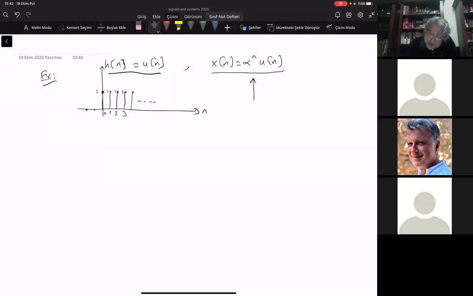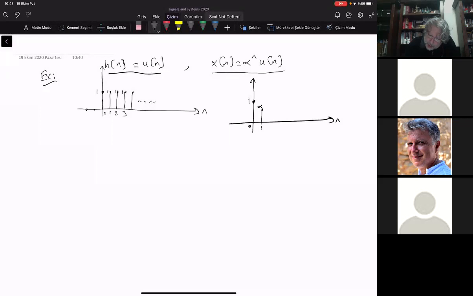For instance, it essentially looks like this for a stable kind of behavior over n. It starts from 1 because alpha to the 0 is 1. Anything to the 0 is 1. For n equal to 1, it will be alpha.